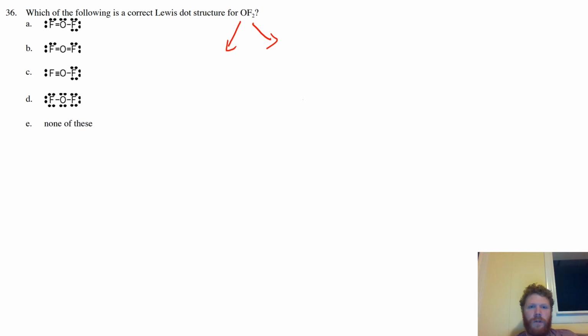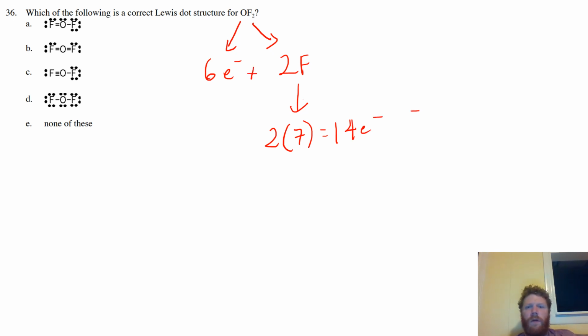Oxygen being in group number 6 brings in 6 valence electrons. Well, we have 2 fluorines. Each of these fluorines, since fluorine is in group number 7, is going to bring in 7. So we are going to say 2 times 7 equals 14 electrons. Okay, so our grand total of electrons from this molecule is 20 electrons.